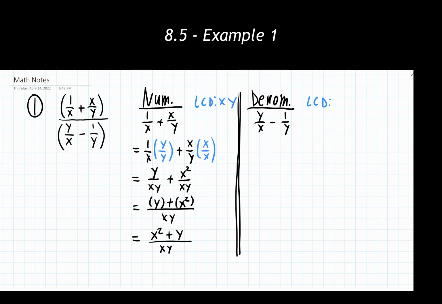So let's write that in for ourselves. The LCD for this one is also going to be xy. So I'm going to need to rewrite each of these and modify them. The first fraction is going to get multiplied by y over y, then the second fraction is going to get multiplied by x over x.